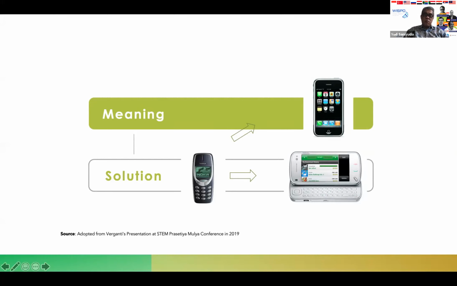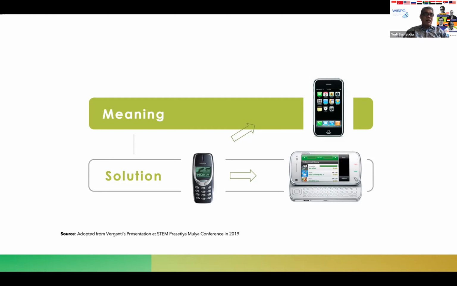Nokia is a well-known communication company, and they made a better product by creating the so-called communicator. I think at that time it was very well known as a powerful product.